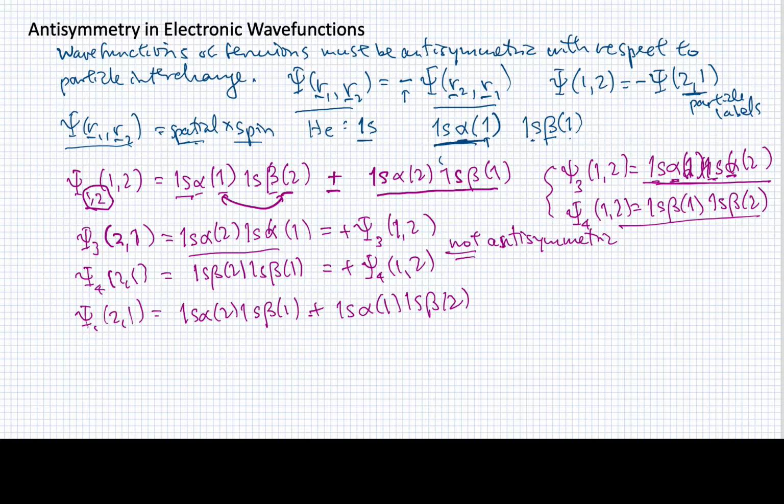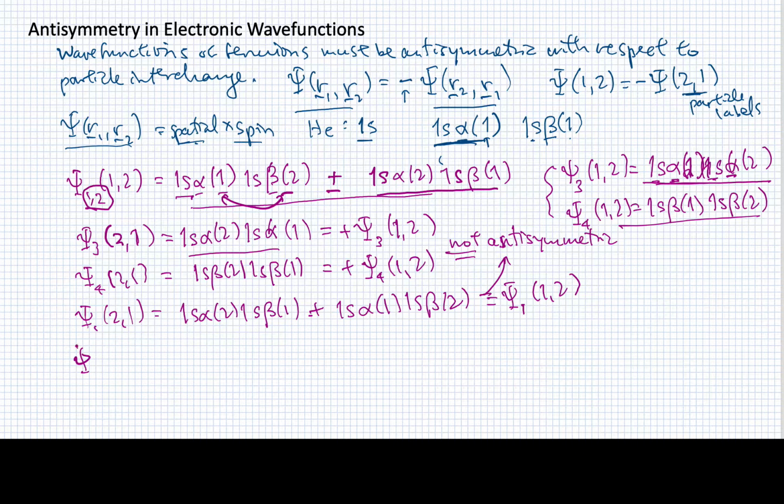But if you look at this, this is just the same thing that I've written up here with a plus sign. I've just reversed the order of these 2 terms, but it hasn't changed the material of this function. So this is also not antisymmetric with respect to interchange of these. This is just equal to this same function with the electrons in that order.